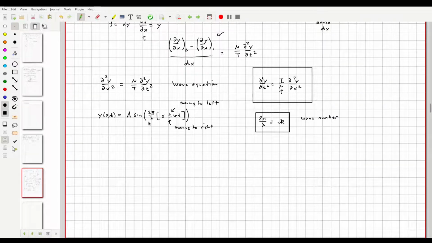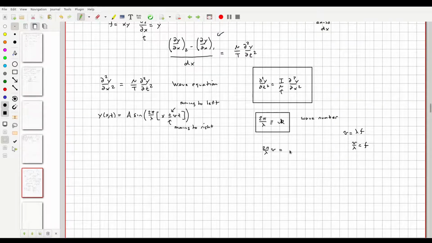But I want to also show you that if you take 2 pi over lambda and you multiply it by v, you get something. And so remember, for a wave, v is equal to lambda times f, right? So if I take v and I divide it by lambda, that's the same thing as the frequency.